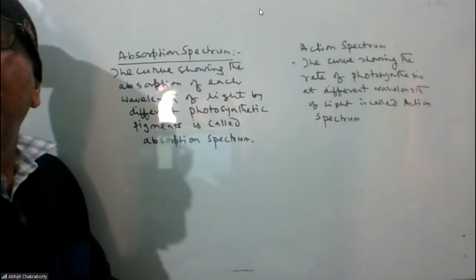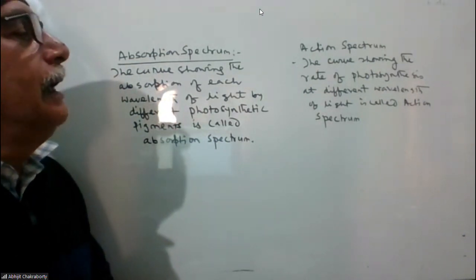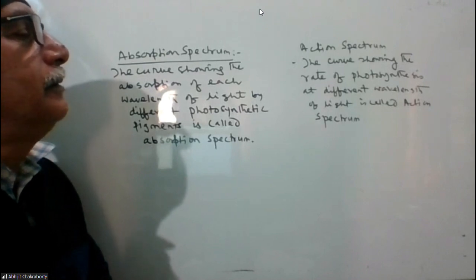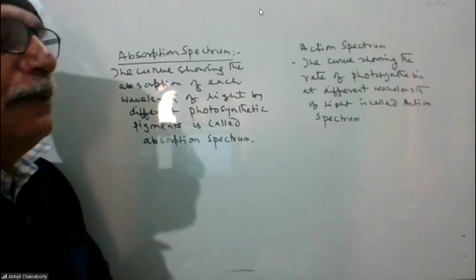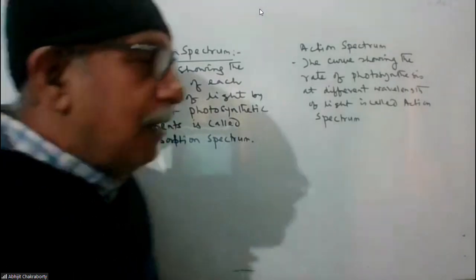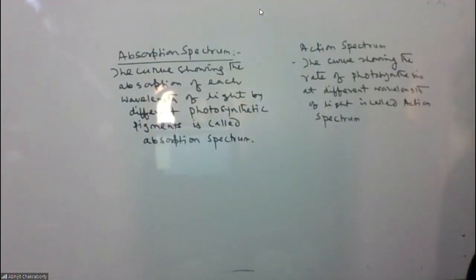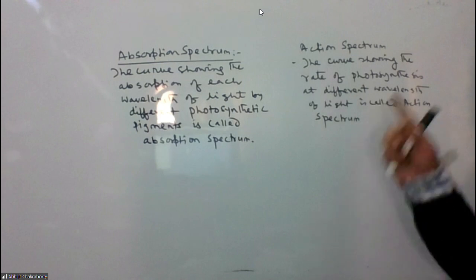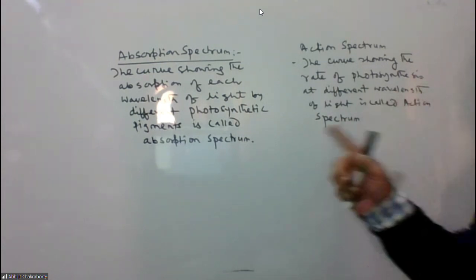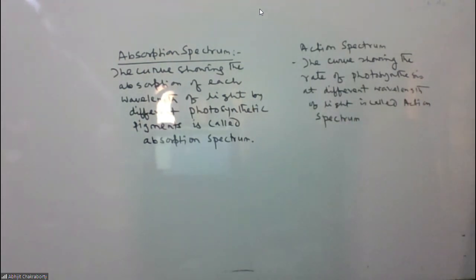The curve showing the rate of photosynthesis at different wavelengths of light is called action spectrum, and the curve showing the absorption of each wavelength of light by different photosynthetic pigments is called absorption spectrum.